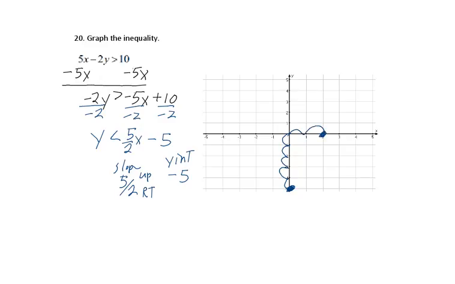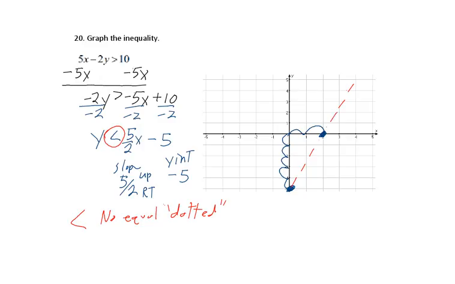All right. I'm going to connect the dots, but here's the thing. First, notice this sign. Since there's no equals, that means it's going to be what I call dotted. So connect the dots, but do it like this, dotted line.